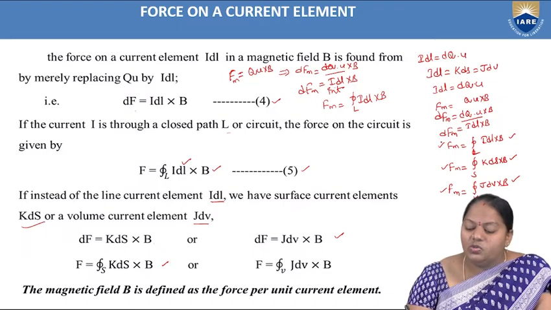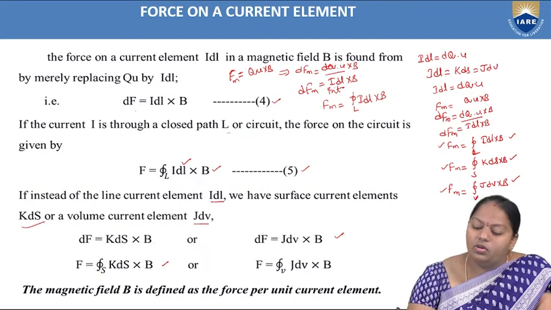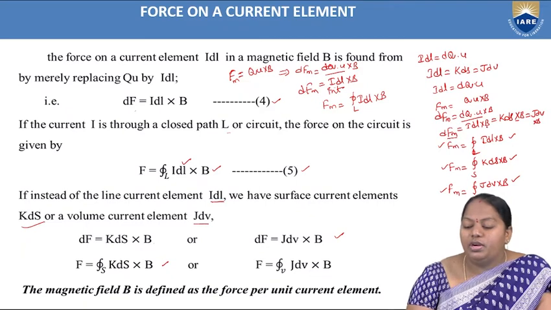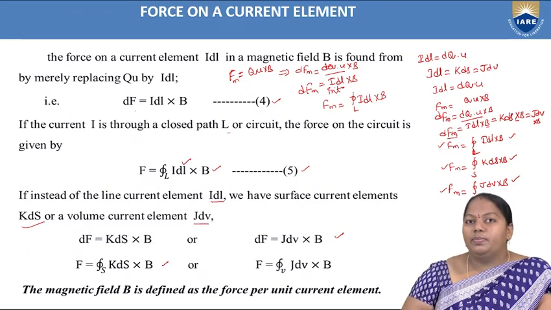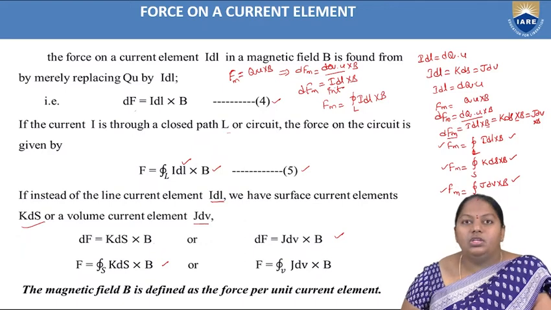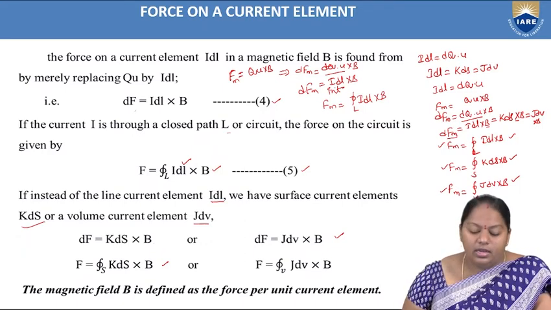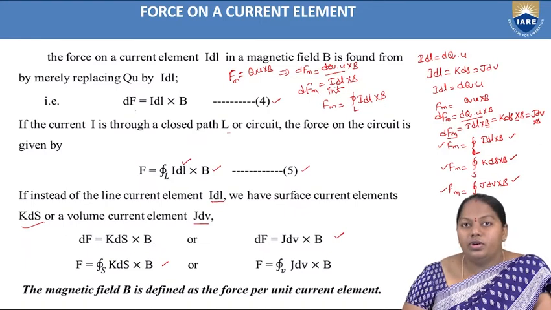So these are the three integral elements. From this we have I dl cross B, K dS cross B, or sometimes J dV cross B. Then we know that the relation between F and B is mutually perpendicular or orthogonal to each other. So this is the way the force experienced on a current element is defined. The force per unit current element is to be obtained.